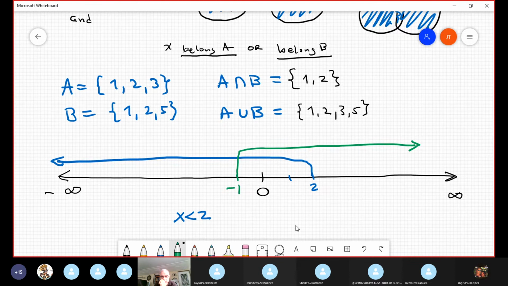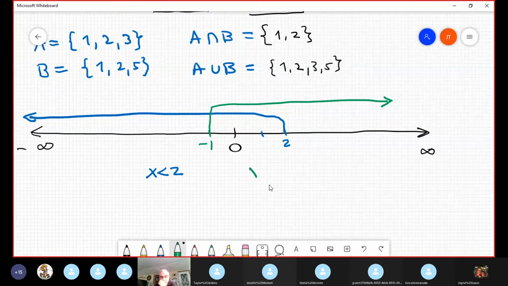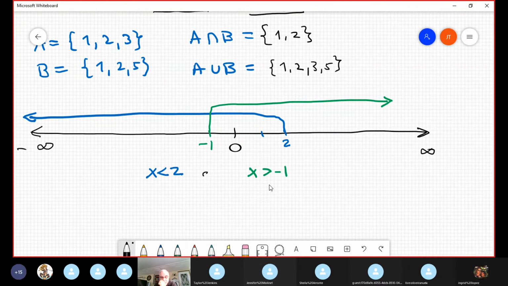This new interval is x greater than -1. And I want to connect the green interval and the blue interval using AND. And remember, it is the part that both intervals share, the common part, the interval in which both intervals overlap.